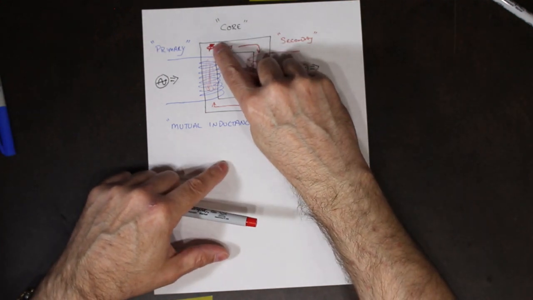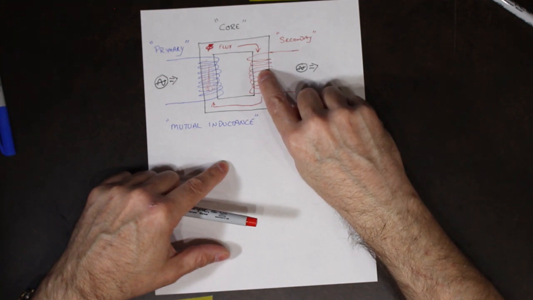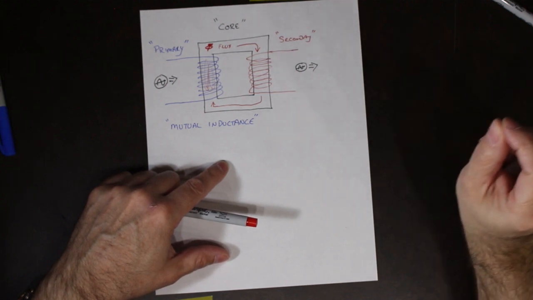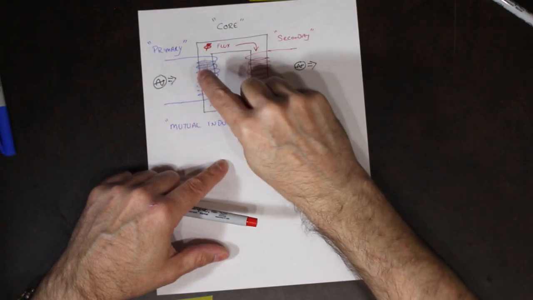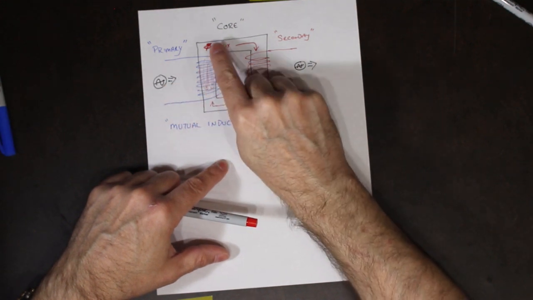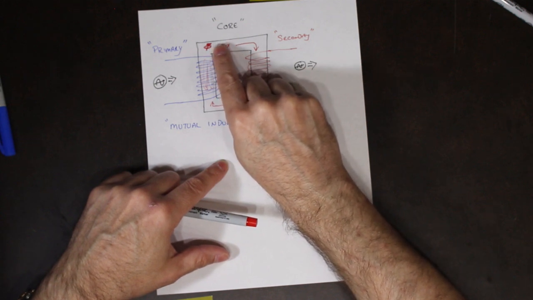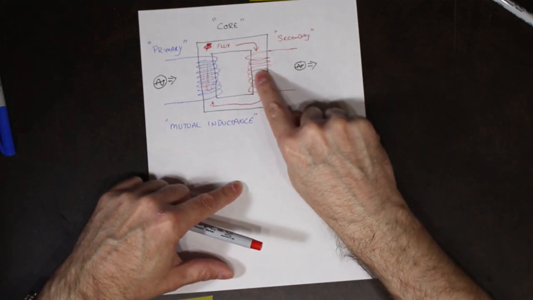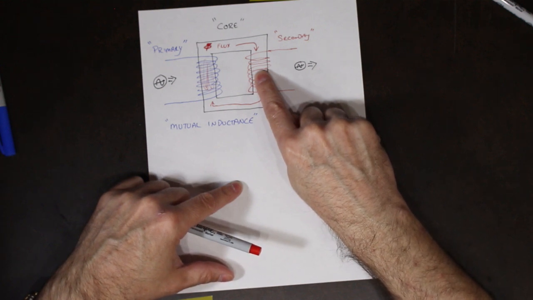When a magnetic field interacts with a conductor, it actually creates electrical voltage and current. So when I apply voltage to a coil or a conductor, it creates a magnetic field. The opposite is also true: if I take a magnetic field and induce it into a coil, we get an induced voltage.